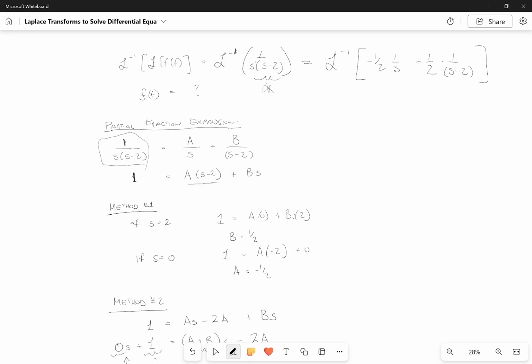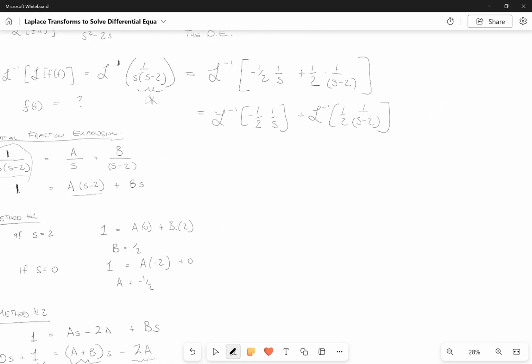So what this means is that we have negative 1/2 times the Laplace inverse of 1 over s, plus the Laplace inverse of 1/2 times 1 over s minus 2, which is the same thing as negative 1/2 Laplace inverse of 1 over s plus 1/2 Laplace inverse of 1 over s minus 2, because it's linear and we can pull out the constants. Okay, and now we can go into our table.